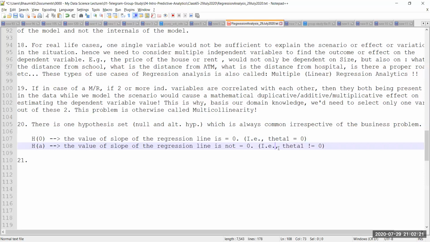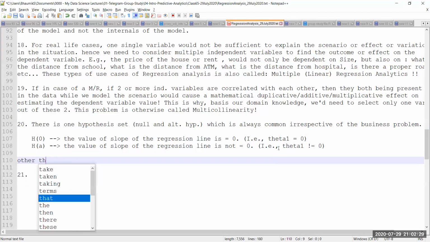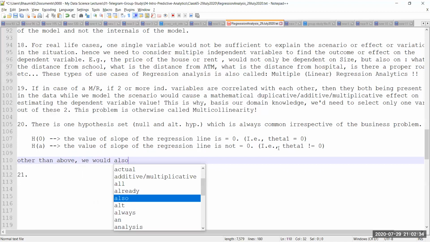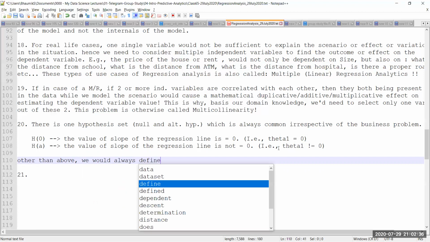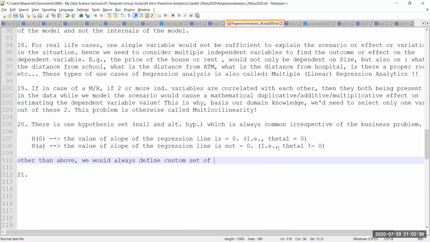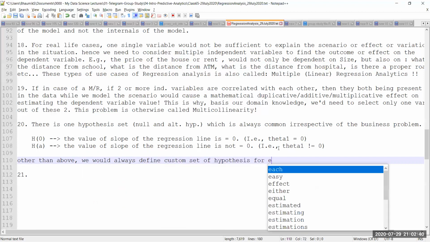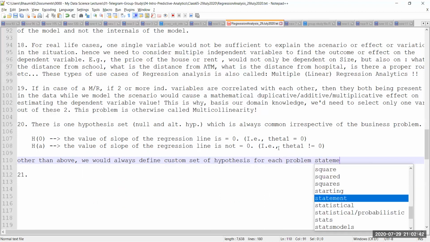So an increase in one results obviously in the increase of another. So this kind of a hypothesis set, I can also write it over here. Other than above, we would always define custom set of hypotheses for each problem statement.